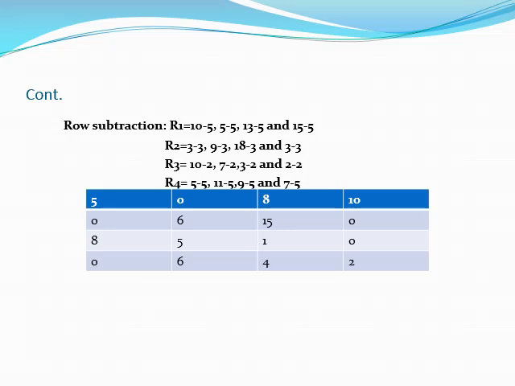Put into account, we will deal only with the new matrix after the row subtraction. We are going to choose the least cost from this given matrix.